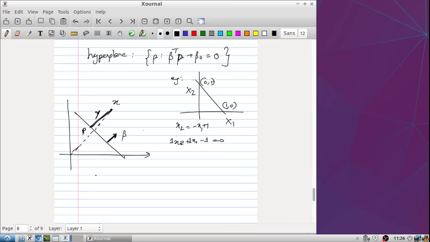Then we can say that this p vector, let me put these as vectors so that everything is clear, is just going to be x vector minus gamma times beta vector divided by the 2-norm of beta. What is the 2-norm of beta?